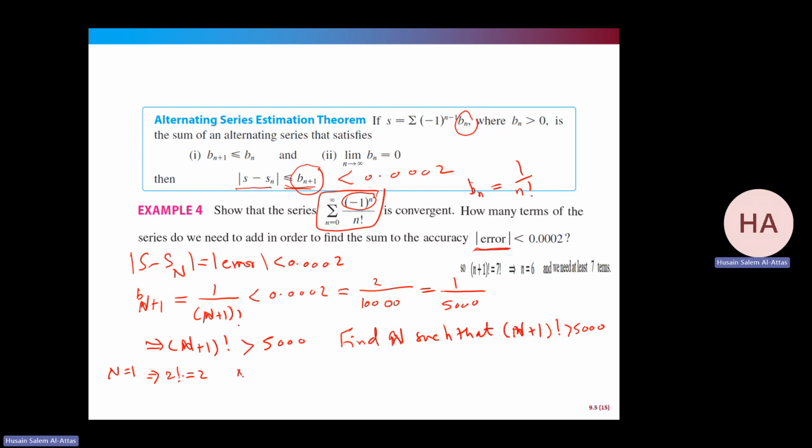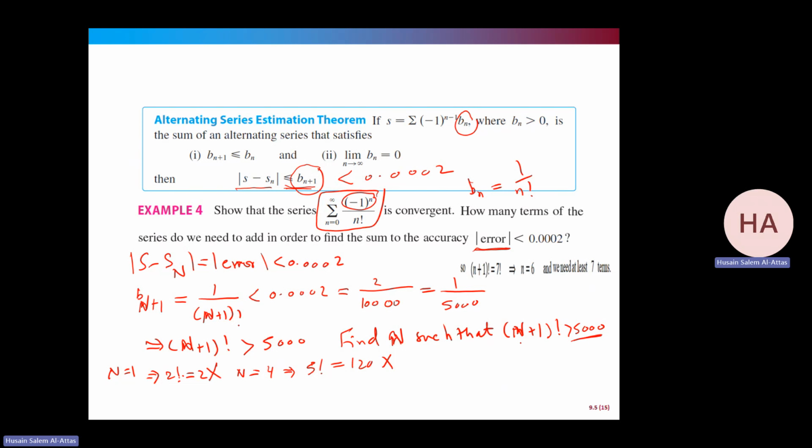If N equals 4, I have 5 factorial, which is 1 times 2 times 3 times 4 times 5. 4 times 5 is 20, 2 times 3 is 6, that's 120. No, I'm not reaching it.